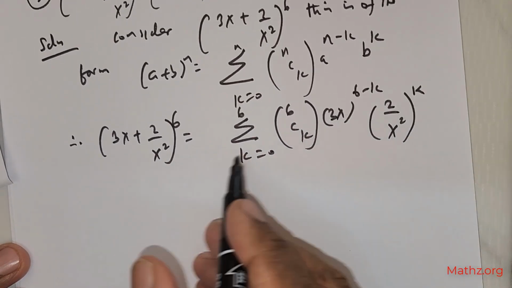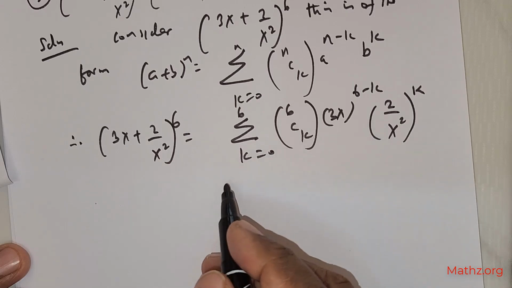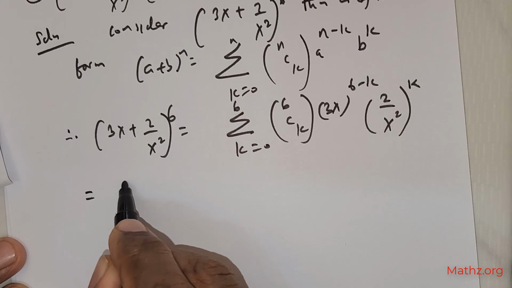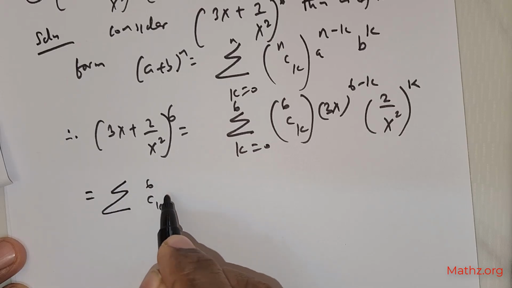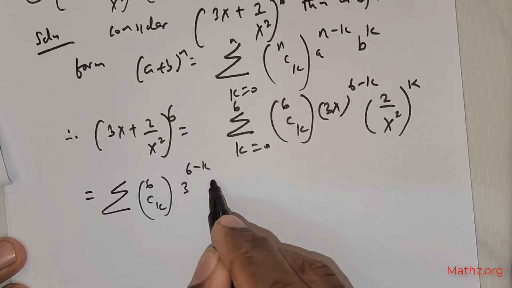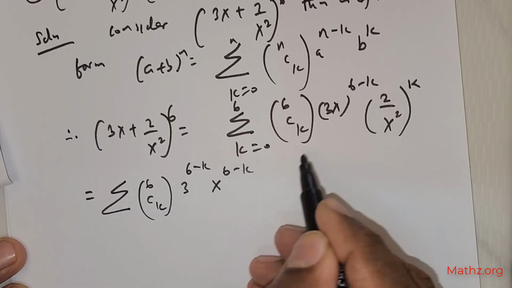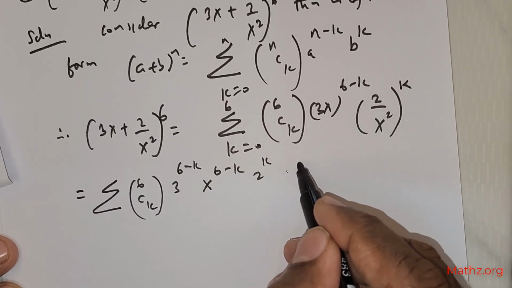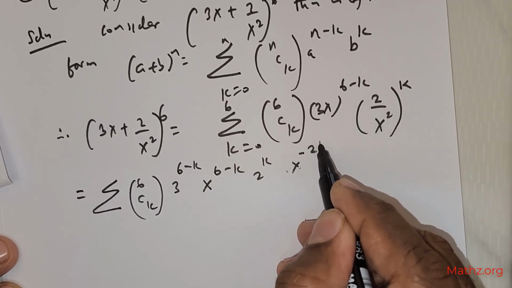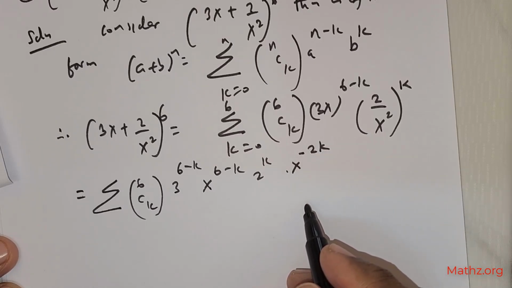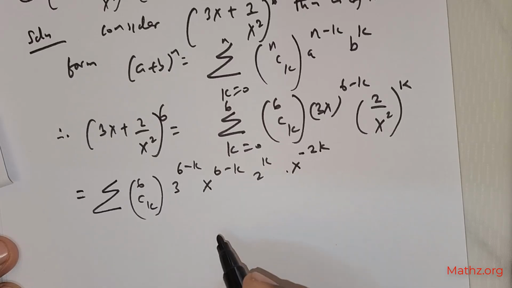Now I can perform some simplification. This is equal to the sum of 6Ck times 3^(6−k) times x^(6−k) times 2^k, and the x² in the denominator can be moved to the numerator as x^(−2k). Now I would like to club these terms.